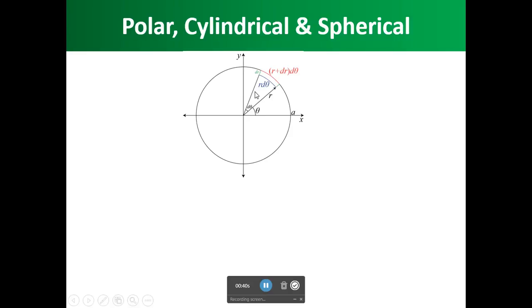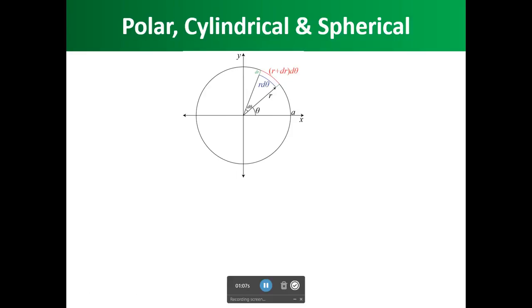Here we have the XY plane. We can graph this using our rectangular coordinates, X and Y: go over X and up Y. Very simple.